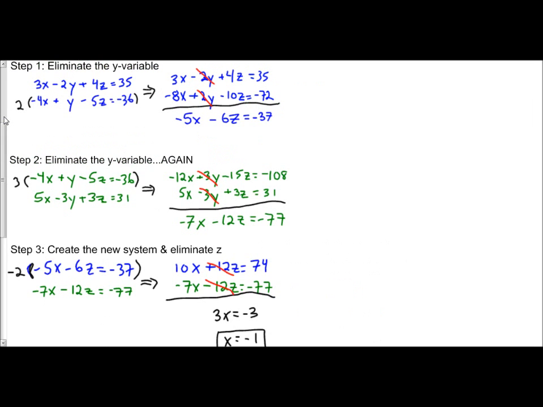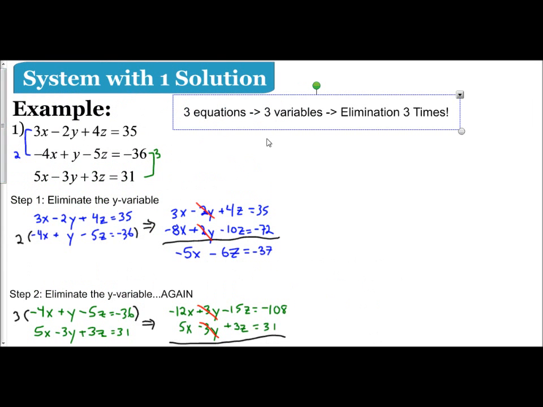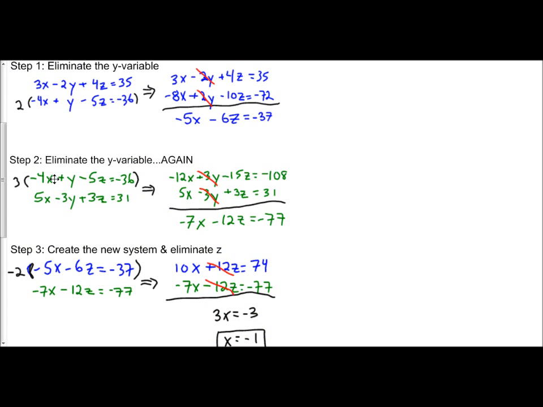The key for this type of process is to organize your work. And you can see it's a lot of thought that goes into the problem. And there's a lot of chances to make small mistakes. And that's where the problems occur.